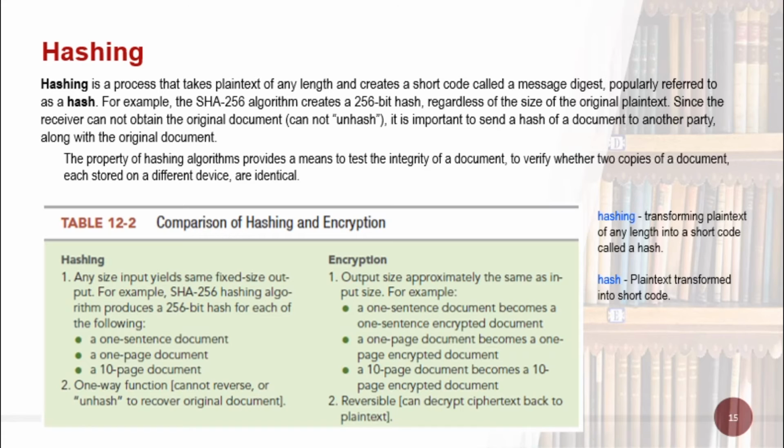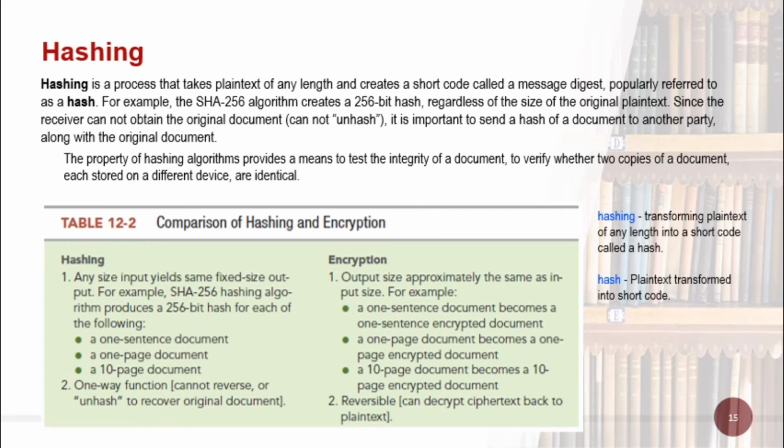A one-page document also becomes a one-page encrypted document, and a 10-page document becomes a 10-page encrypted document. After being encrypted, the document can be reversed, decrypted from ciphertext back to plain text.